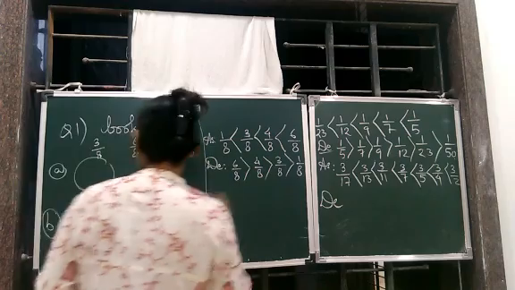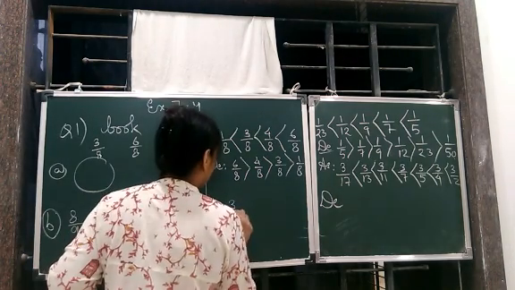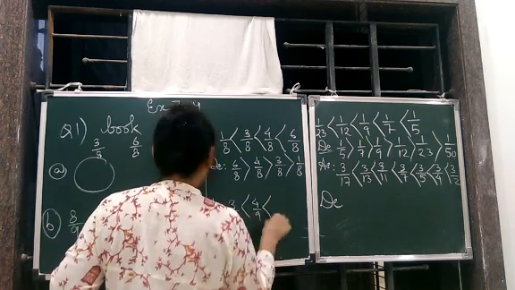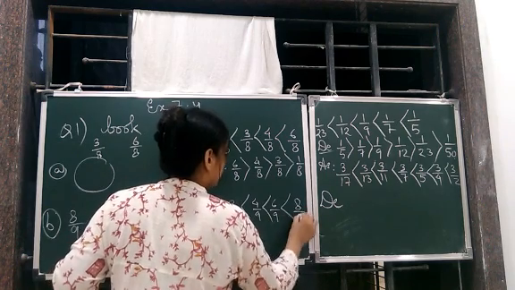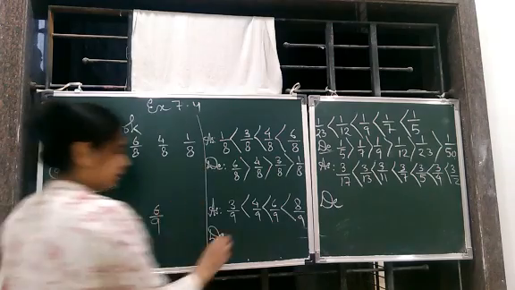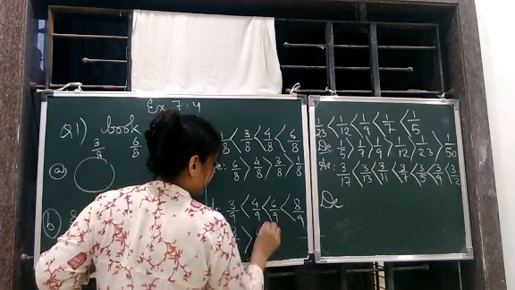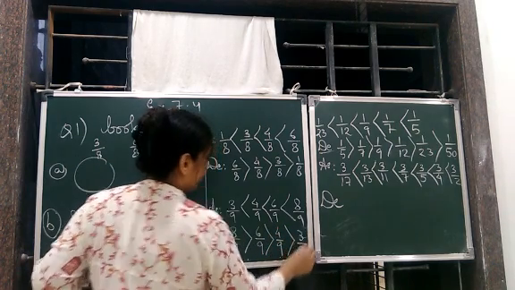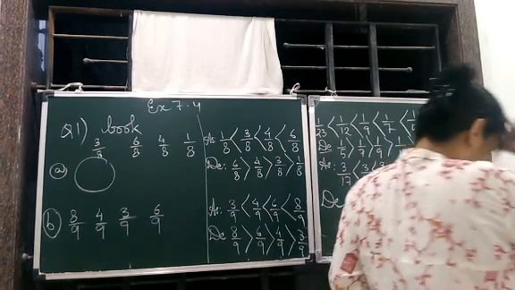We do the ascending order starting with the smallest. Who's the smallest? 3. So it is 3 by 9, 4 by 9, 6 by 9, 8 by 9. Descending, just opposite. 8 by 9 the greatest, 6 by 9, 4 by 9, 3 by 9. So this completes A and B.